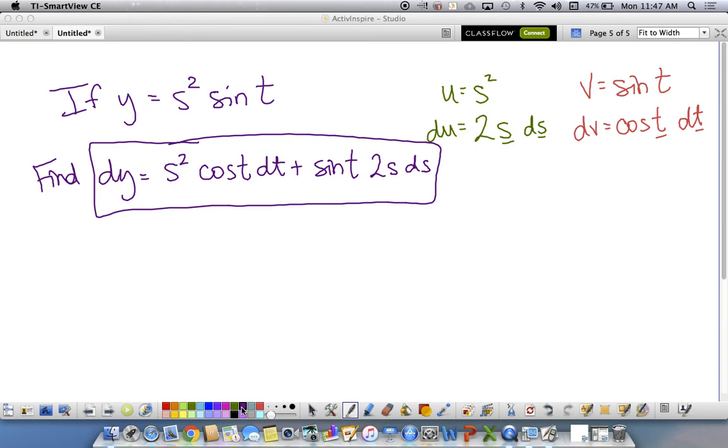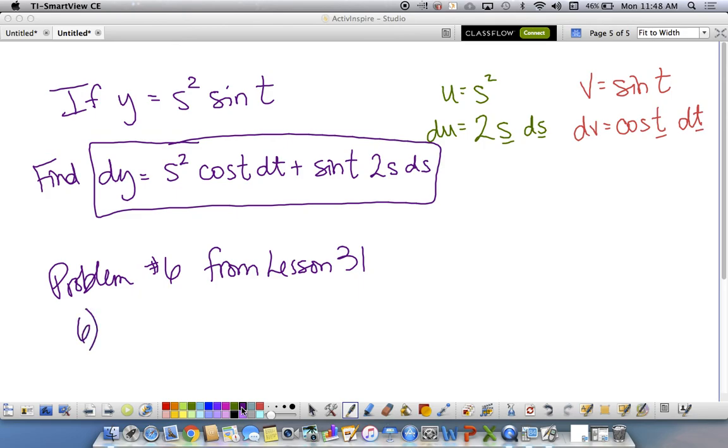All right, your problem for today with the differential. We won't have a ton of these. Your problem is number 6. Problem number 6 from lesson 31. And it says, find ds where s equals 2x squared y.